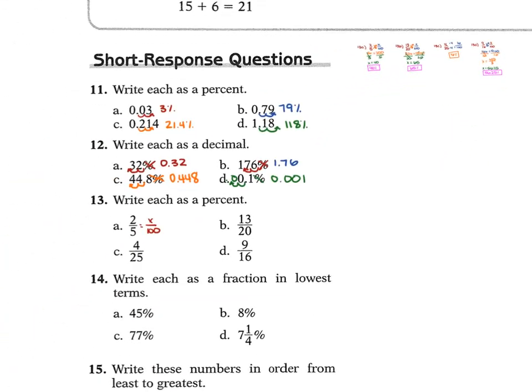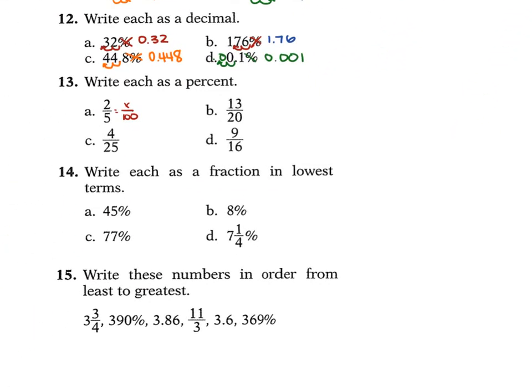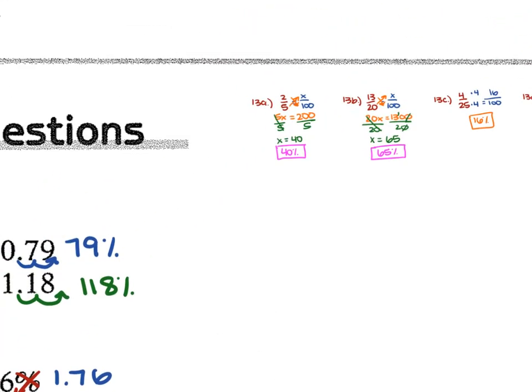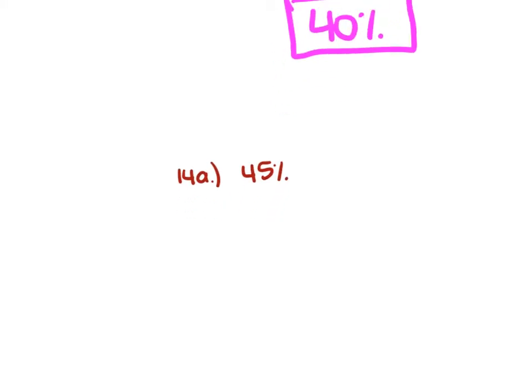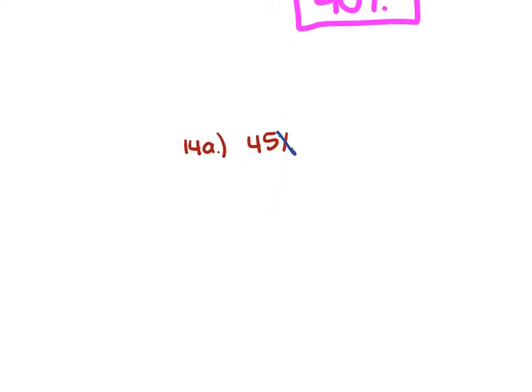For 14, we're writing each as a fraction in lowest terms. So for A, 14A, we have 45%. If I drop the percent sign and put this 45 over 100, I can then simplify by dividing both by 5.